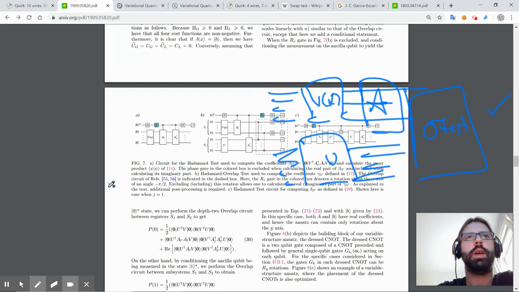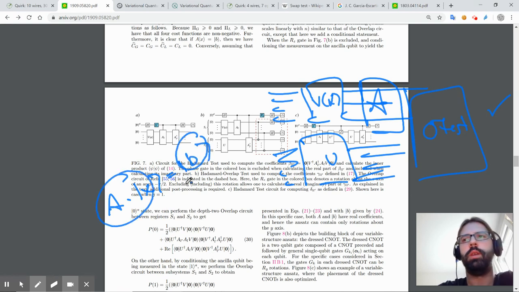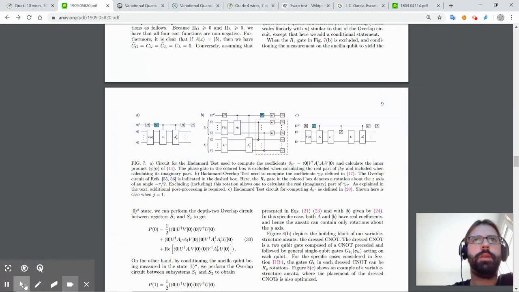Because at the end of the day, what you're doing is you're solving for these, right? And so you want to see how much these overlap with these. So that's my question: why?